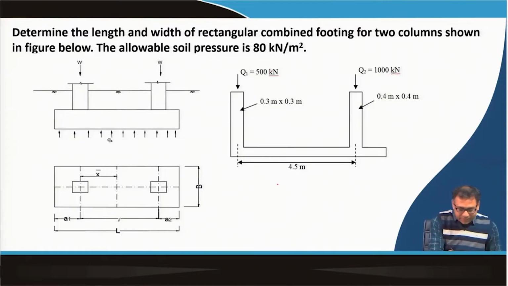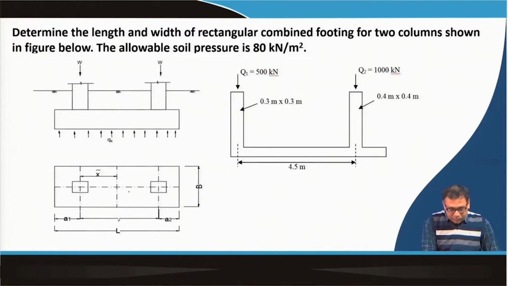This is a particular combined foundation which is a rectangle, more or less a symmetric type of foundation. That means these columns are located more or less at an equal distance from the edge.